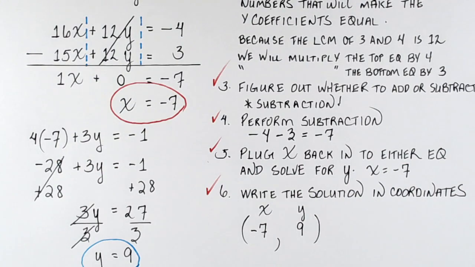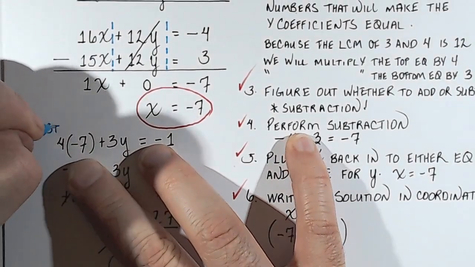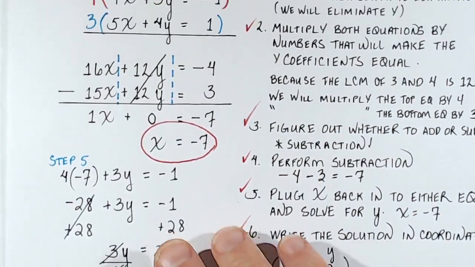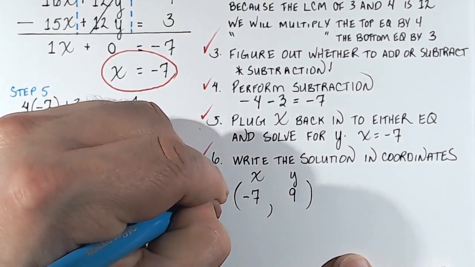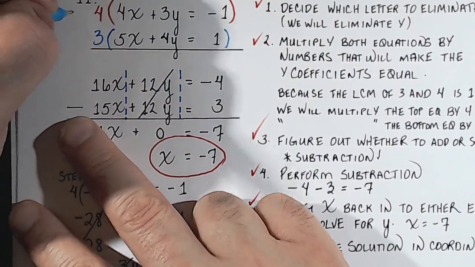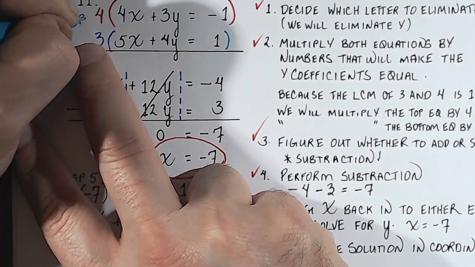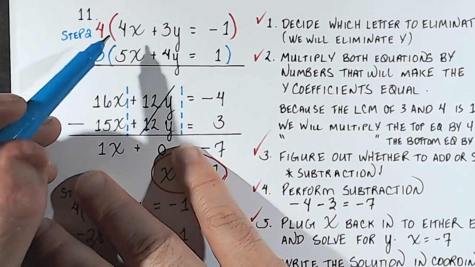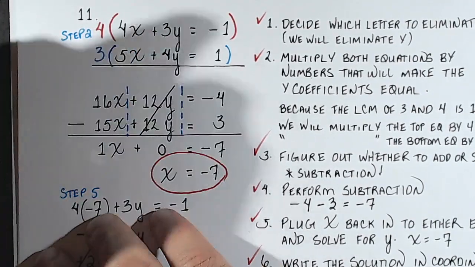So I want to make sure it is understood that this is step 5 right here from our list. This is step 6. And this is step 2, where we multiplied the top and the bottom by those numbers that would turn these 3 and 4s into 12s.